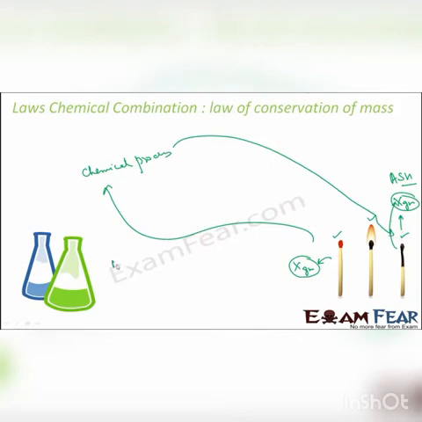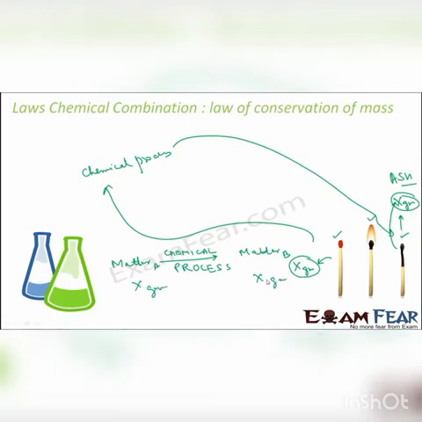That means this is a matter, it goes through some chemical process. This is matter A. After chemical process, it becomes matter B. But the mass is X gram here. Here also the mass is X gram. This is something we have seen.